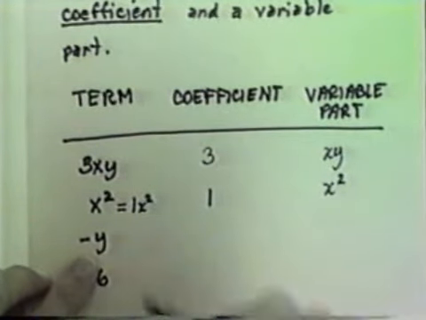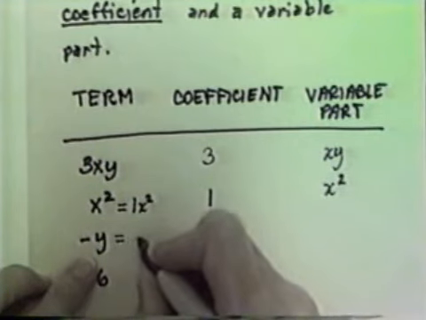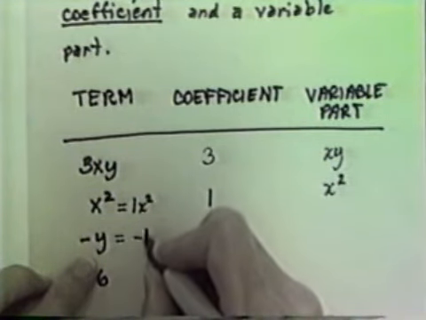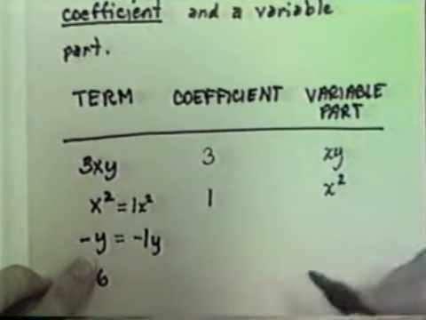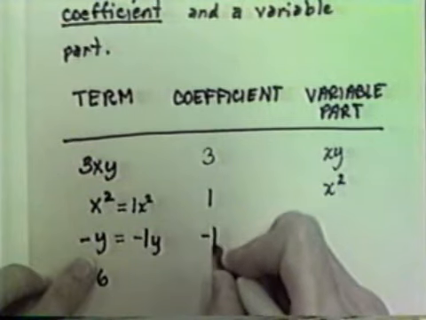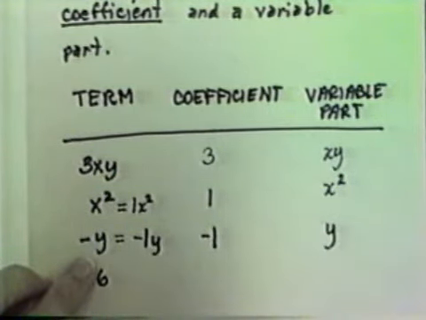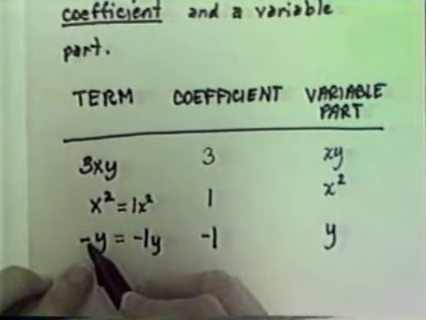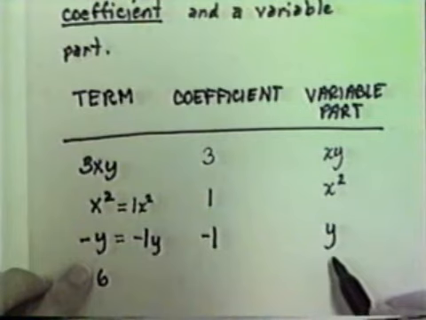So here's our term, minus y. Its coefficient, likewise, is understood to be a 1 in front of the y, but because of the minus sign, its coefficient is negative 1, and the variable part is y. Notice that the sign on this expression goes with the coefficient rather than with the variable part.